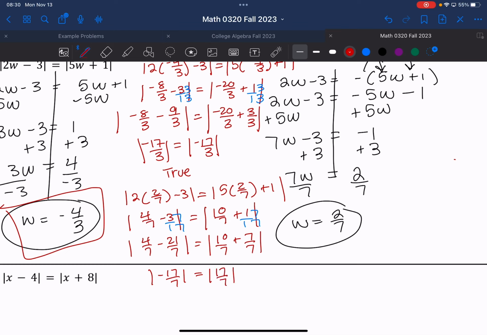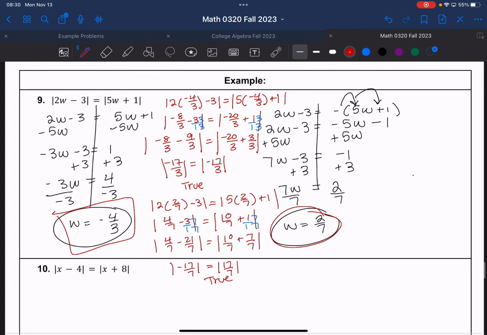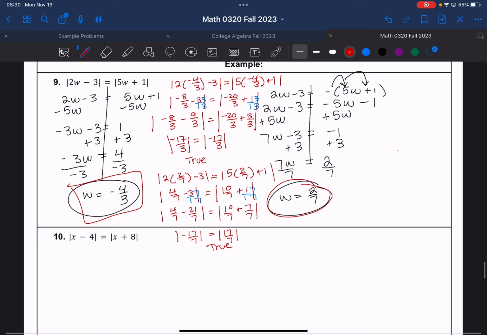True or false? True. True, because what happens to that first fraction? It's going to turn positive, so this is true. Which means my answer is negative 4/3, 2/7.